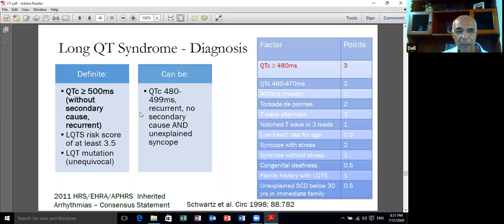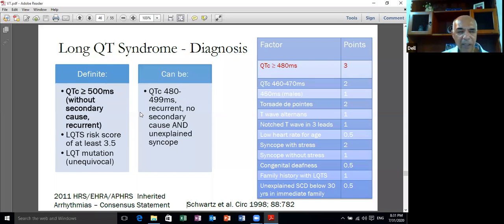This occurs in one single syndrome, the Andersen-Tawil syndrome, which is associated with dysmorphic features as well as periodic paralysis. So unless you are thinking of Andersen-Tawil by the presence of a very prominent U wave, don't include the U wave. Measure it in several leads, including V2 and V5.